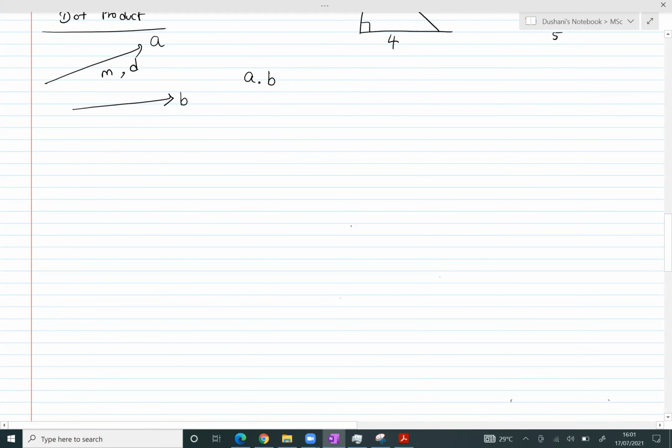So how can we calculate the dot product of these two vectors? This is vector A, this is vector B. The angle between them, let's say, is theta.